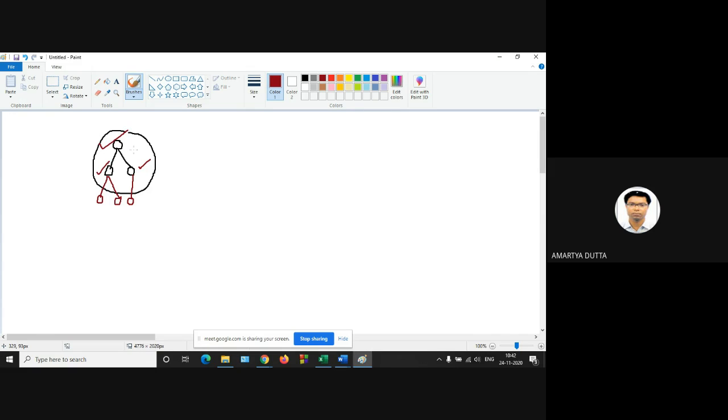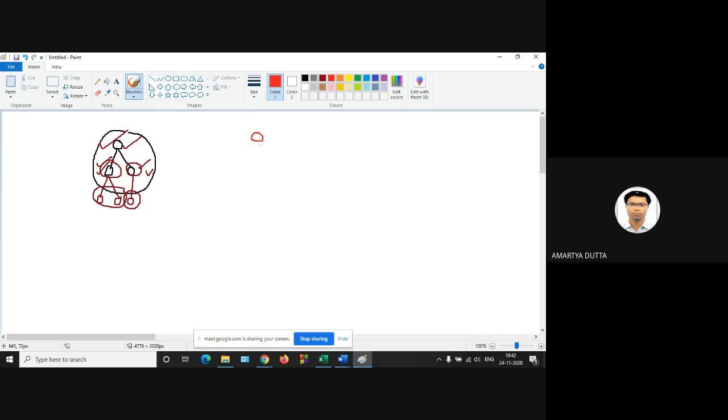It may have either 0, 1 or a maximum of two children. This particular node has two children, this one and this one. This node has two children, this and this, but this one has only one child. This is the last node. So that's why this is a binary tree.